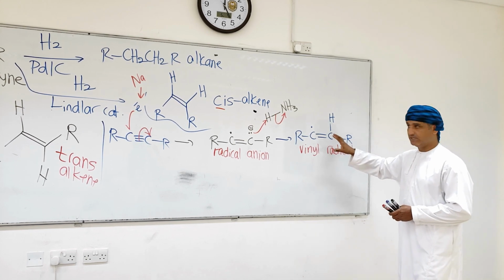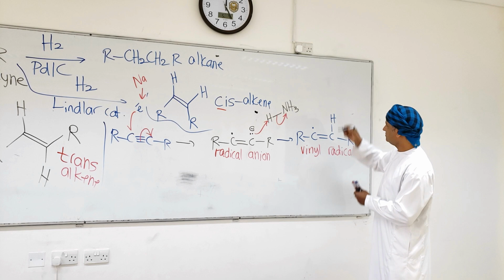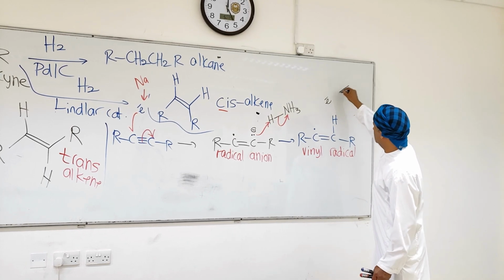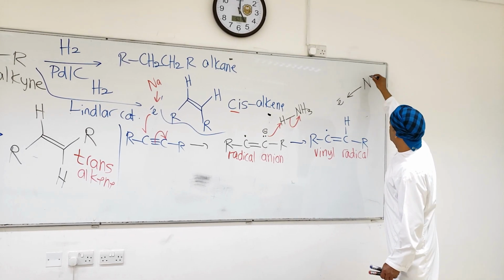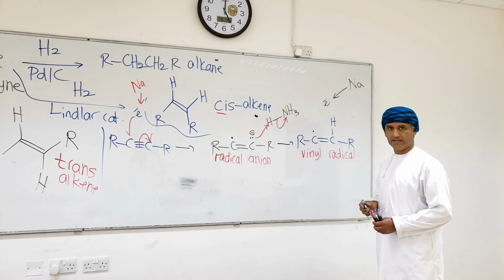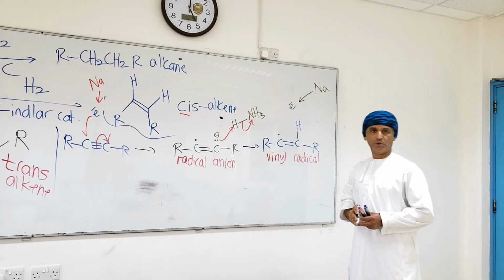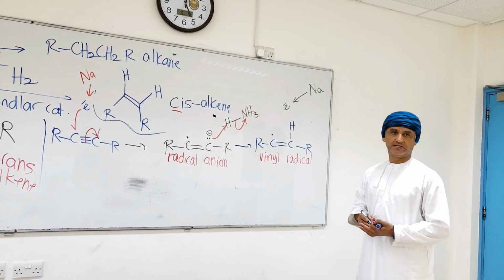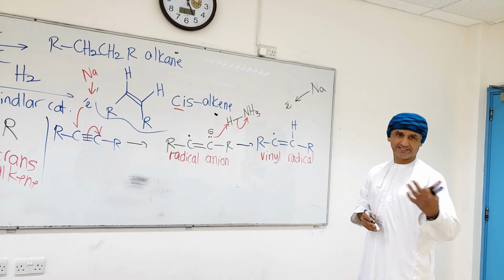For that to happen, this vinyl radical needs another electron, and that electron should also come from another sodium atom that is able to donate an electron.